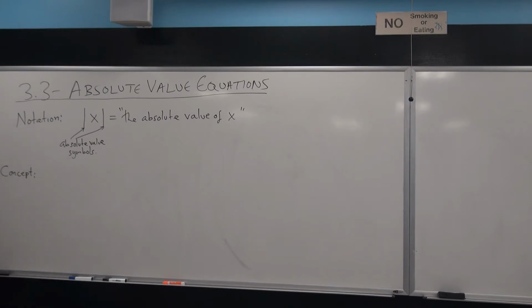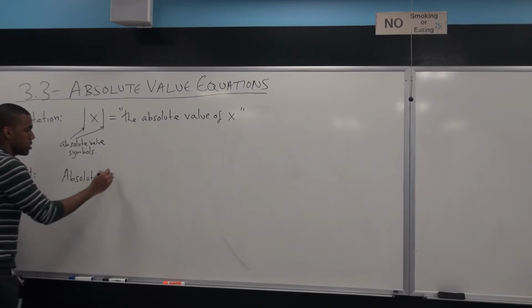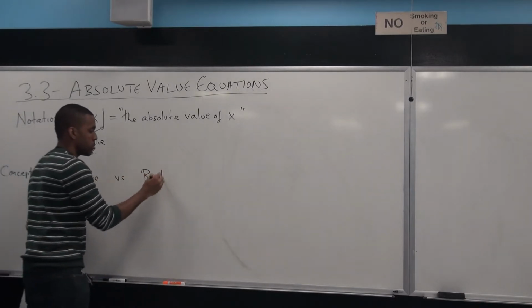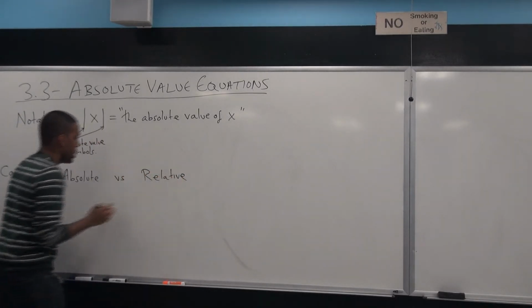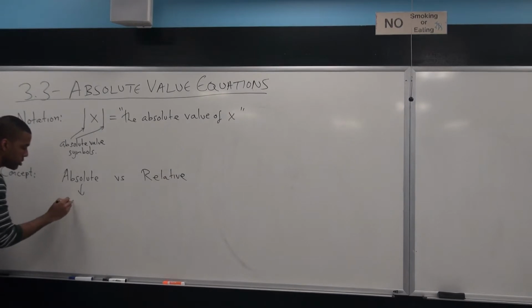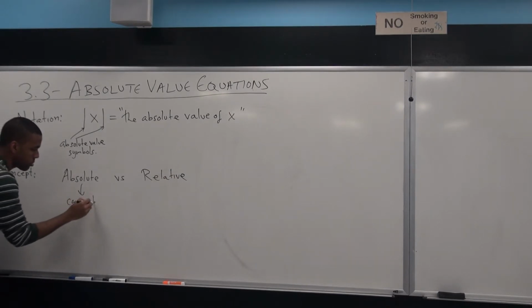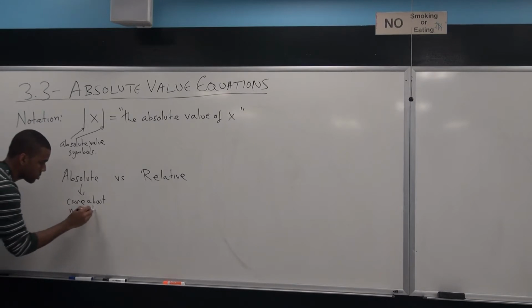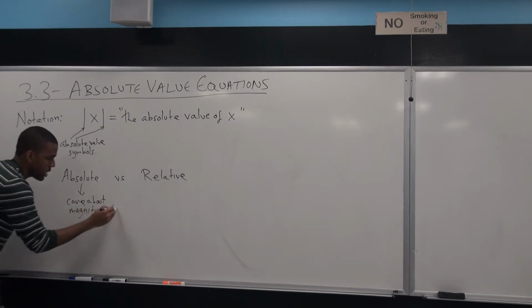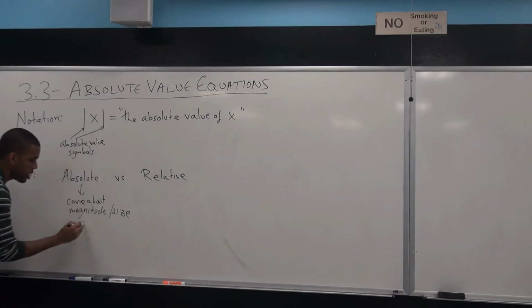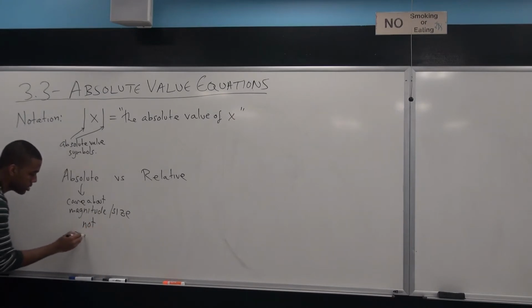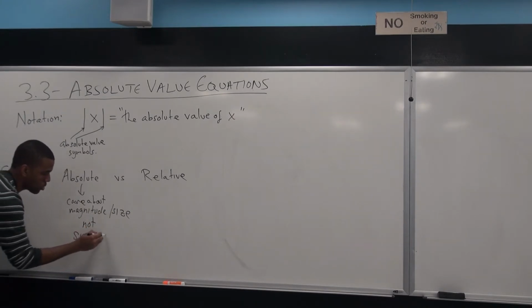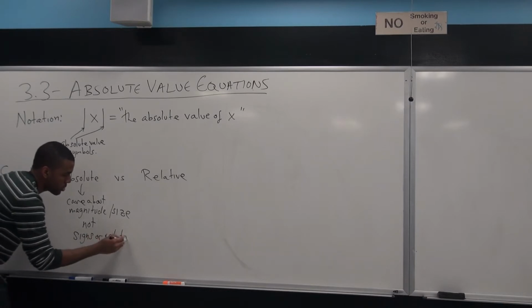The basic concept is you have something called absolute versus relative. In absolute, we only care about magnitude, or size, right? Not signs or relative positions.